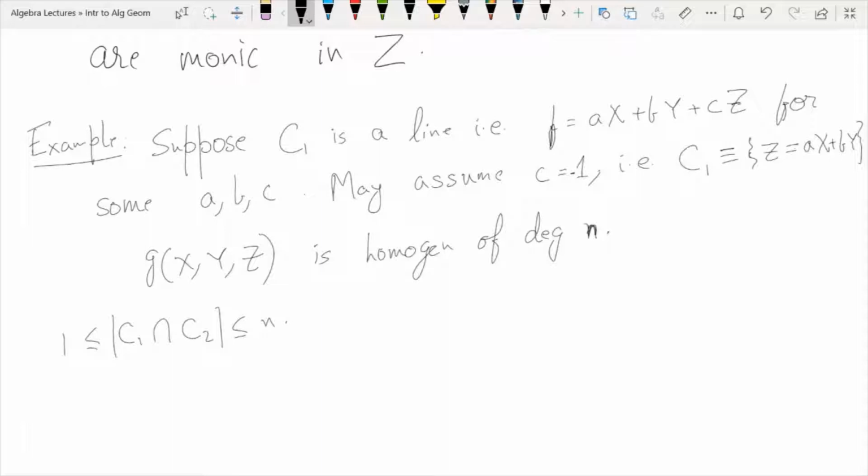What we do is substitute z equals ax plus by and try to solve g(x, y, ax plus by) equals 0.